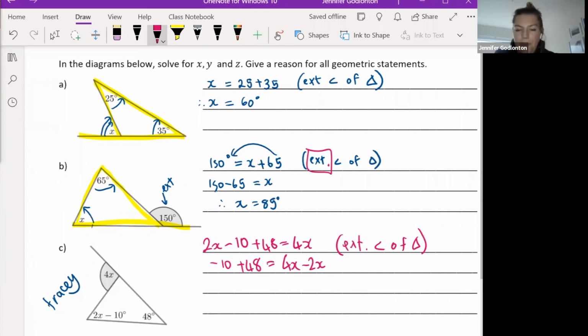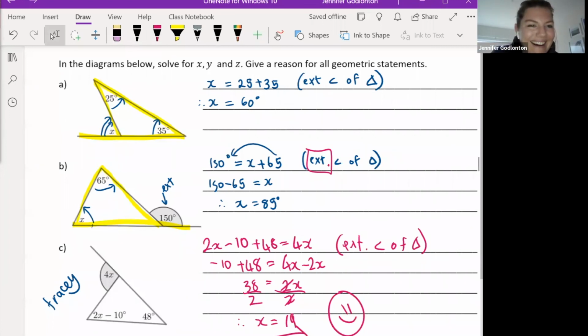Good. Next line. 38 equals 2x. Good. Next line. So you divide that by 2. Good. And x equals 19. Yay! Well done, Tracy. Thank you, ma'am. Nice job.